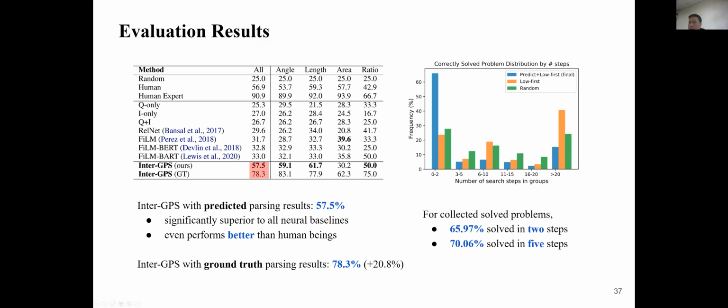So this is the interpretable general geometric problem solver. This is what he does. It gives you 57%, but if the path graph is ground truth, he can give like 78 or 80%.